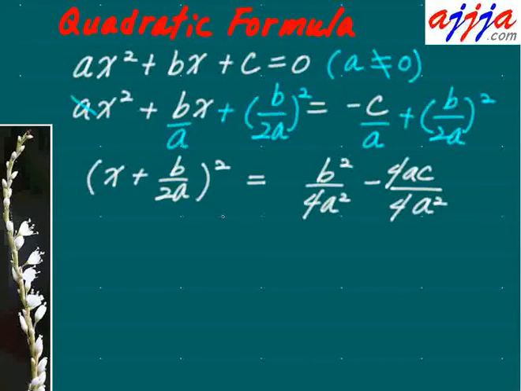Now the left hand side is a perfect square shape. Do you remember this? Just like this one: a squared equals 9. Then you can take this square away, and you put plus or minus square root, so which is plus or minus 3.